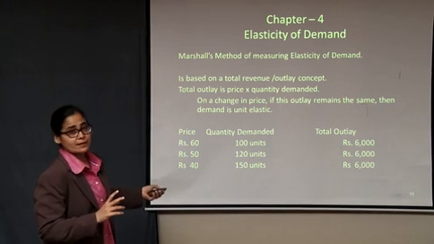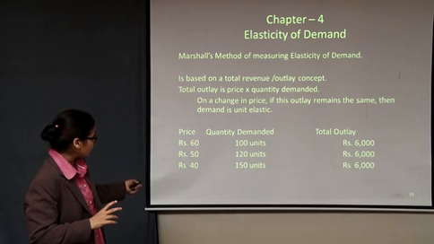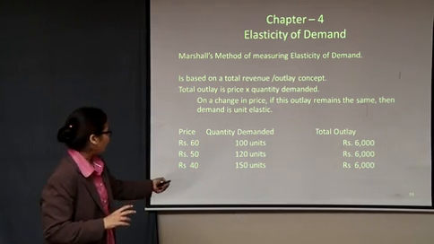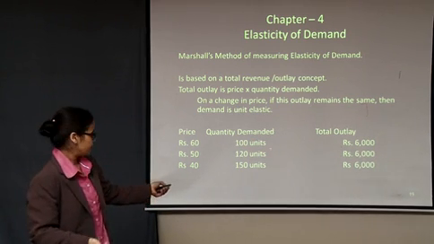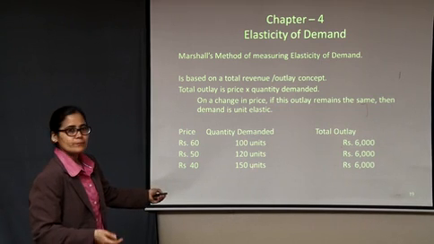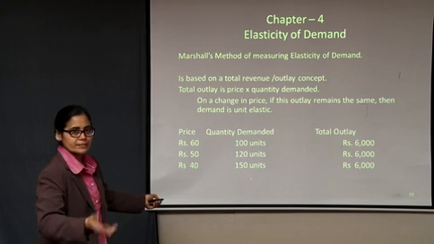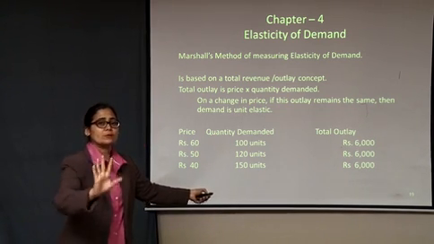Now what Marshall said is that when the price is falling, you can see here price is coming down, 50 to 40, correct? Is the quantity demanded rising? Yes, from 100 to 150. So price is falling, demand is rising, but total expenditure is constant at 6,000.